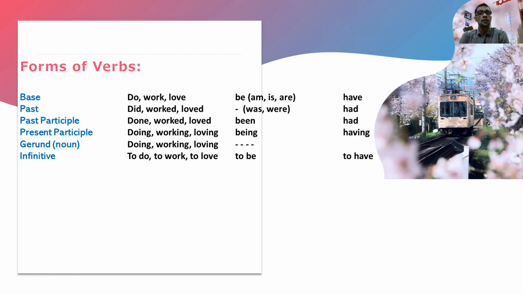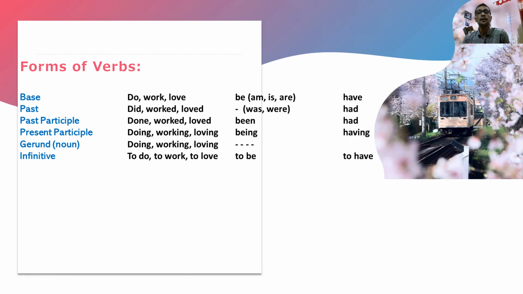Same is the case with work, worked, worked, working, working, to work. These are the 6 formats of a structure word. Some of the words are structure words and content words, but they can be changed with these 6 different segments. So you will have to know the base form of any word, especially the verbs, past tense of that, past participle, present participle, gerund, and infinitive.